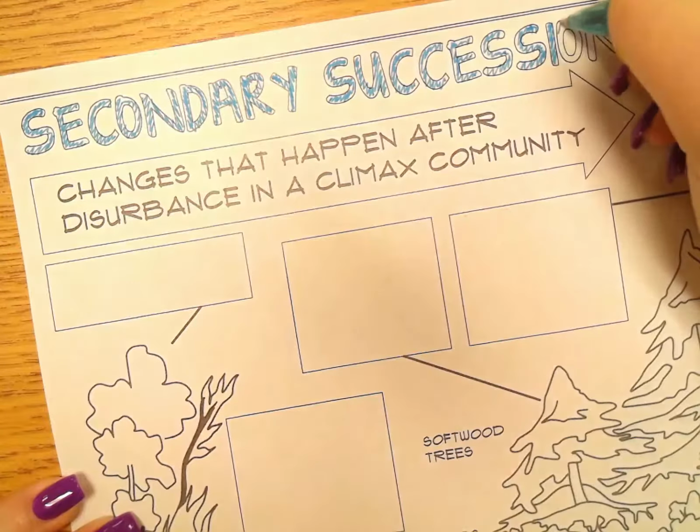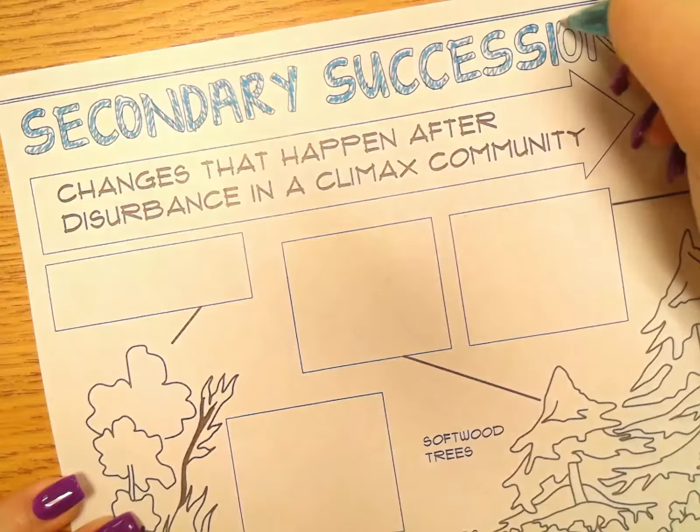Now, if you look at your diagram at the bottom of the page, you might be able to tell me what some disturbances or disasters might be. In the diagram below, we've got a forest fire, which is a very common way that secondary succession starts. Some areas of even the United States have forest fires every year, like California.